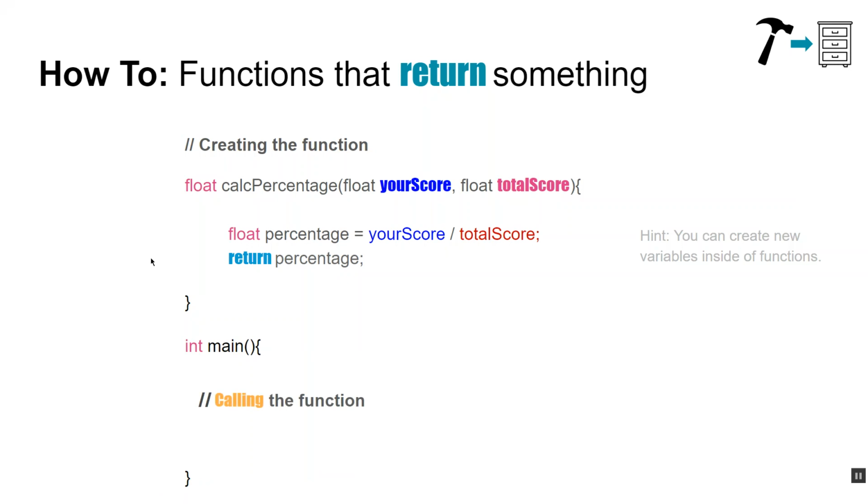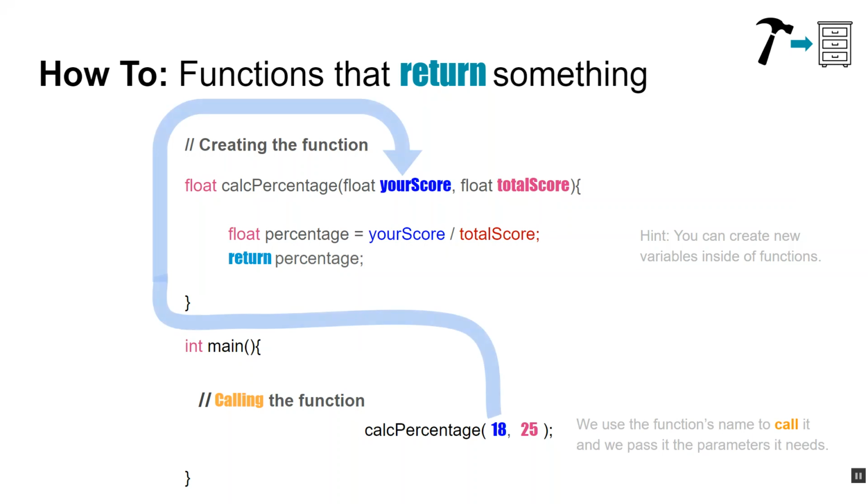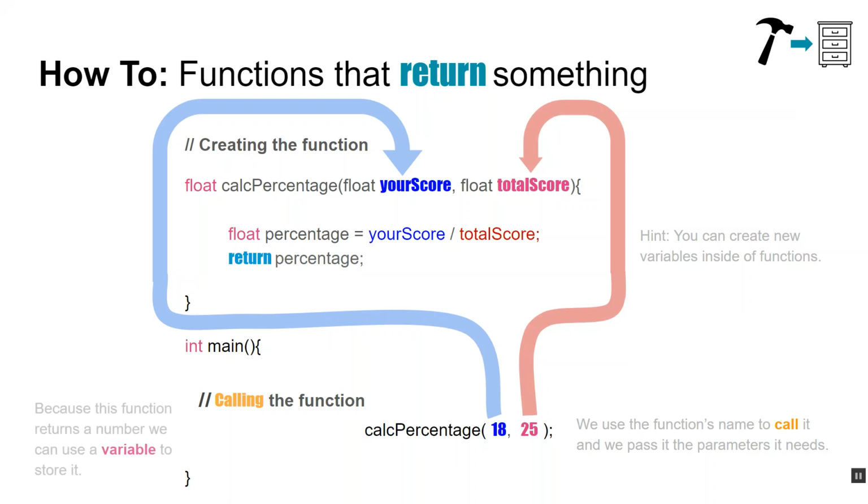Now when we're calling the function, we use the name, so we say calc percentage, and then we pass in the values. These values, these parameters, then get passed into the function code like this. So the 18 goes to your score, and the 25 goes to total score. And then because the function returns something, we have to actually store it.